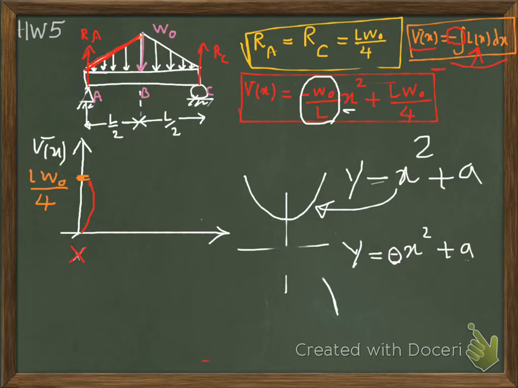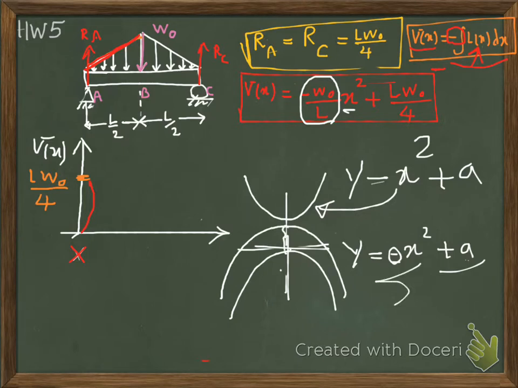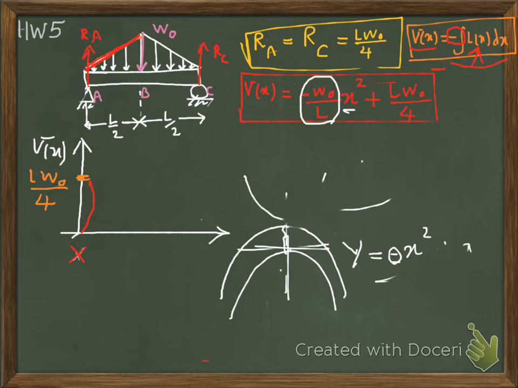Sorry, this is actually y equals something minus x squared. If I add plus a to it and a is positive, then I shifted it a much upward, and that would be my graph. Anyway, that's just general. It will help you with your plotting if you know these things.